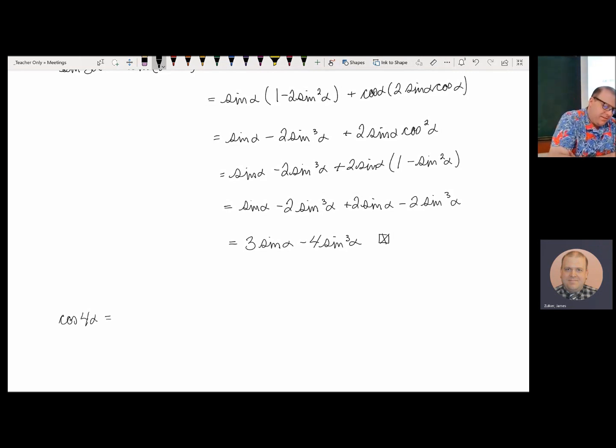Cosine of 4 alpha is cosine of 2 times 2 alpha.